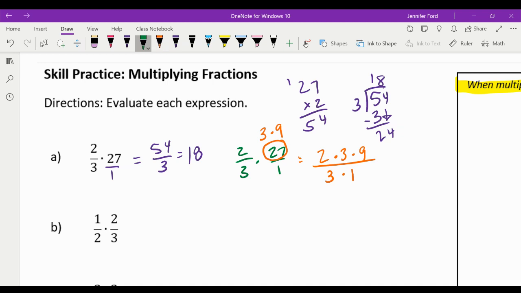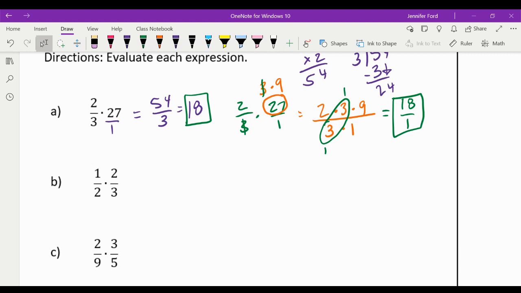If you notice, 3 divided by 3, that equals 1. So if you find those ones, then you can go 2 times 9 is 18. 1 times 1 is 1. We get that same answer, 18. But if you find some ones and kind of divide that out before you multiply, that can make your life a little easier.